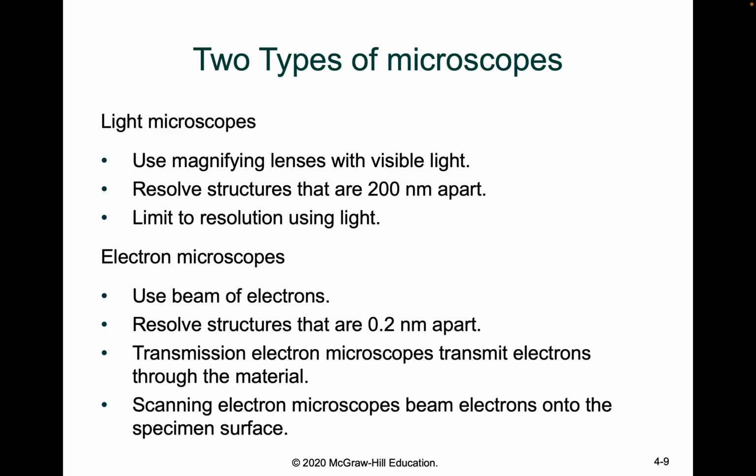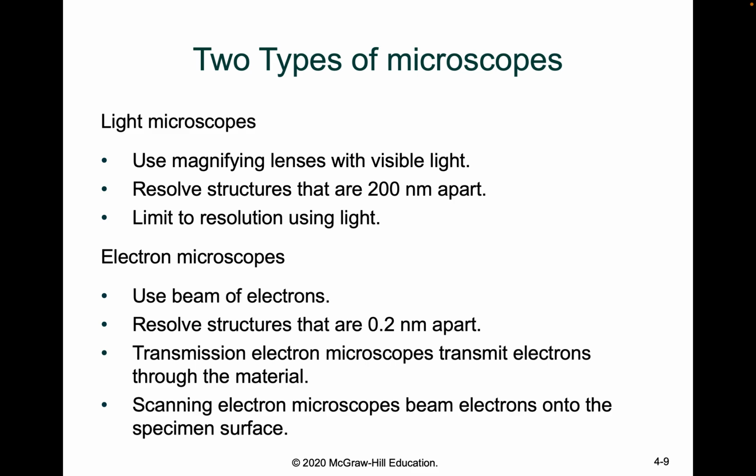The second lens will magnify it even more, but more importantly, it will focus it onto the back of our eye, and that's the importance of the second lens, because if you don't have that lens, you're not going to be able to focus it straight into your eye. That's very important. So those are basically light microscopes.